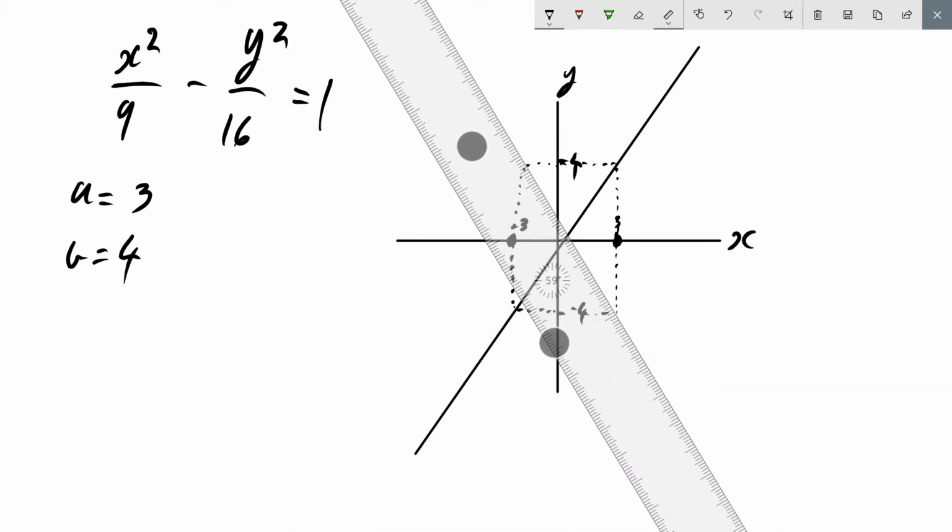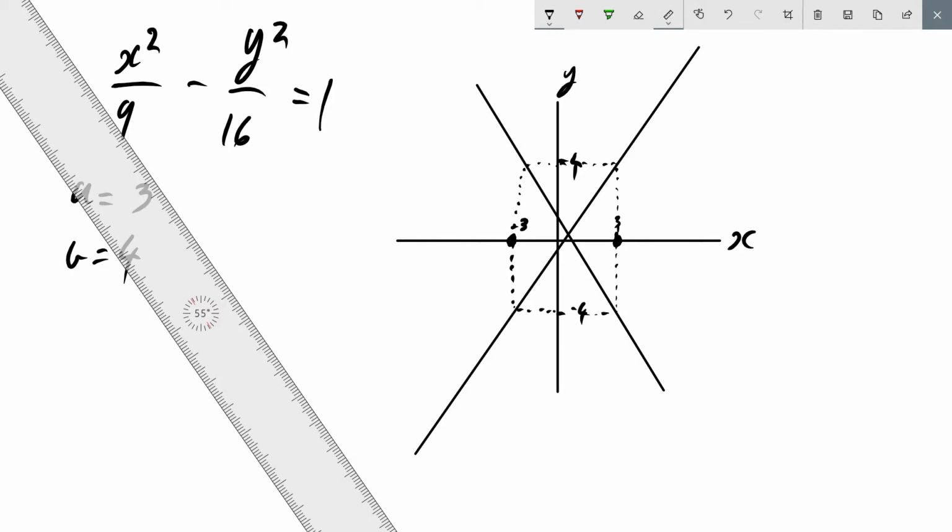If this was accurate, it would go through the origin, but no matter. So there's our asymptotes. Now I need to sketch this in such a way that my line gets closer and closer to the asymptotes, but never actually touches. So it'll look something like that.